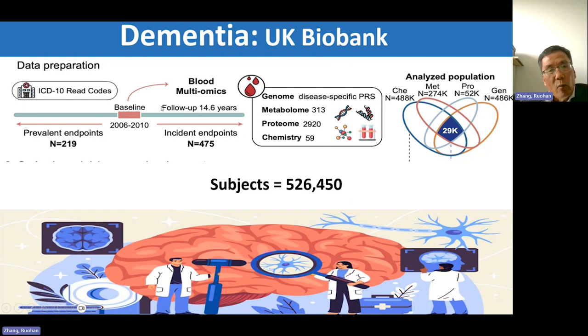Yeah, and when we look at the data, it's a very interesting data set. At the moment, as far as we know, we have around 500,000 people, and for proteomics we have around 3,000 proteins available, and the data was collected around 15 years ago.